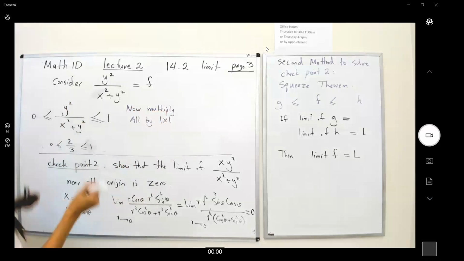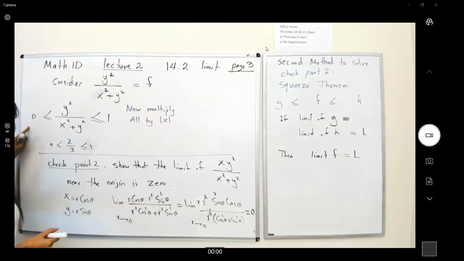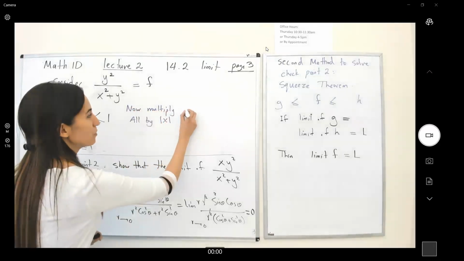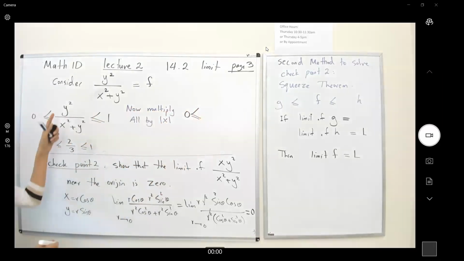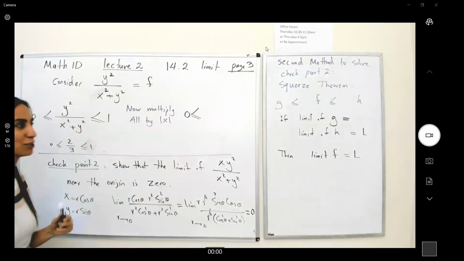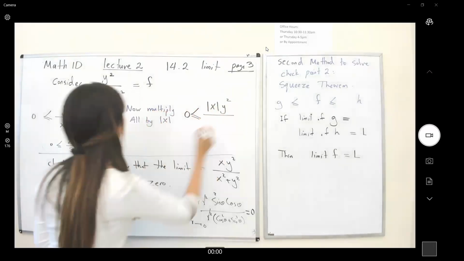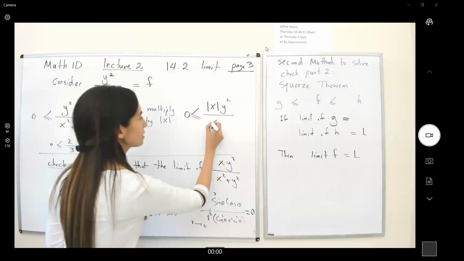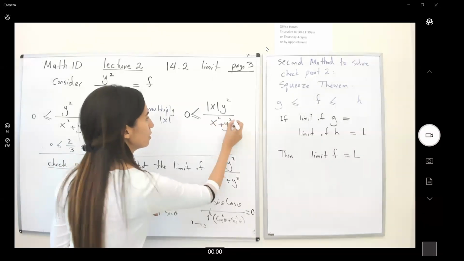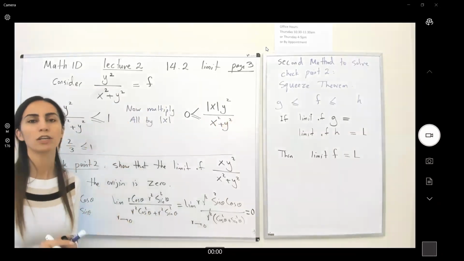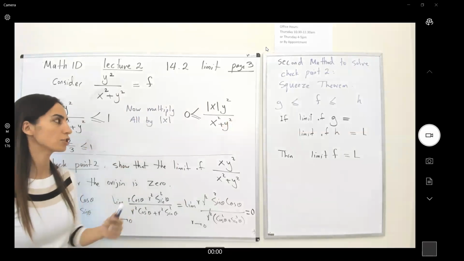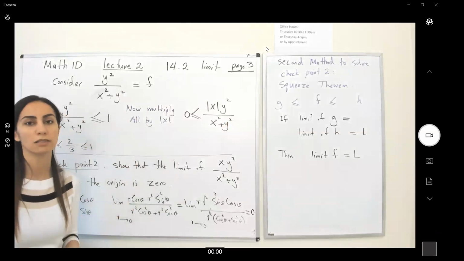Let's see. Absolute value of x times 0 is 0, less than or equal to the absolute value of x times y squared divided by x squared plus y squared. You could ask, why are we using the absolute value? Let's just assume x is positive.